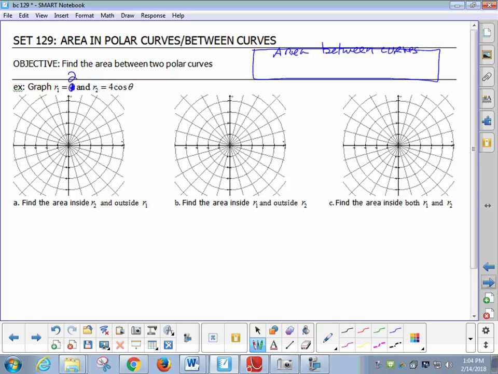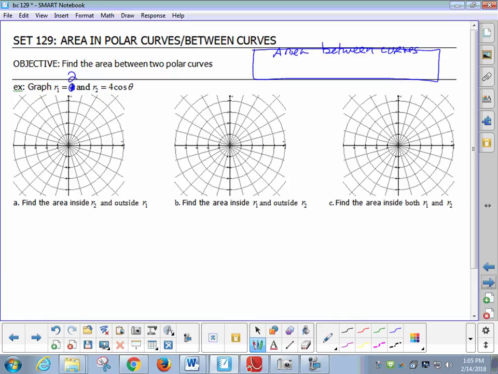Okay, imagine if I had a limaçon and a circle, and I wanted the area inside the limaçon, outside the circle.